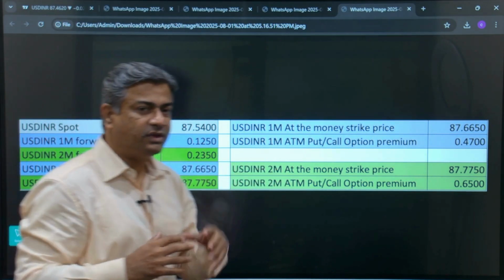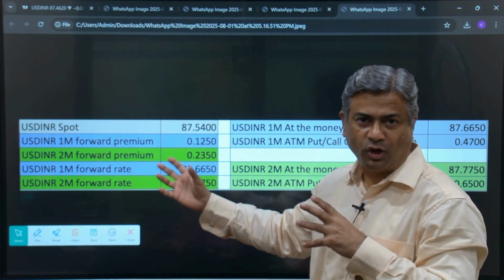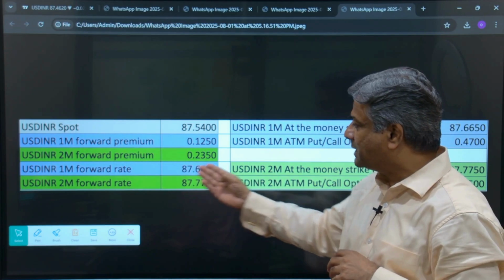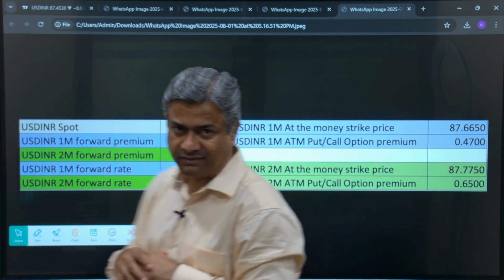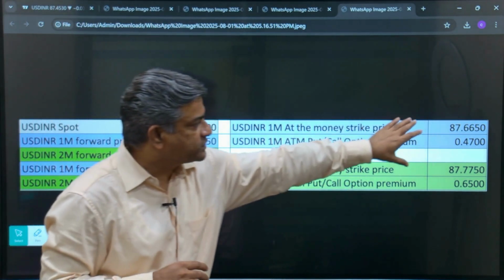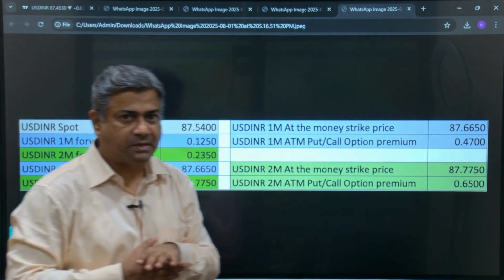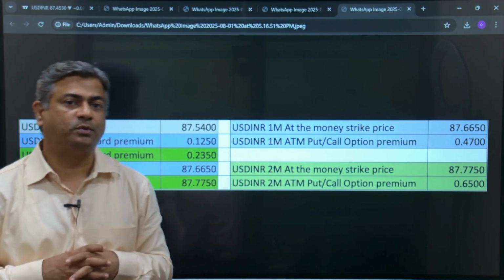What I have given here is, if you look at the forward rate, if I take a vanilla option with a strike price close to the forward rate, which is 87.665 for 1 month and 87.775 for 2 months, for 1 month I pay a 47 paisa option premium, and for 2 months I pay a 65 paisa option premium.